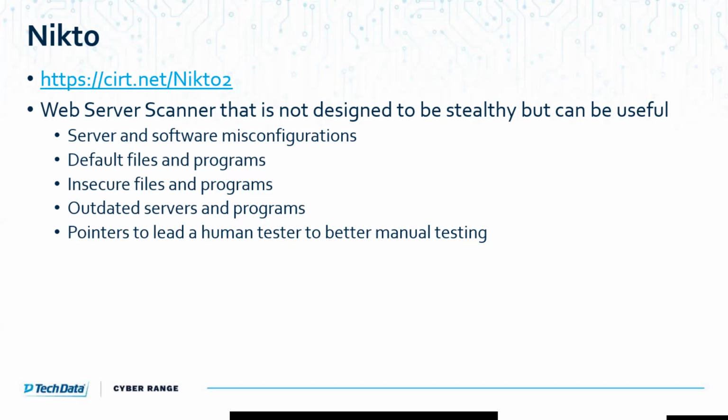And again, this is a utility that iterates through a whole bunch of common files, insecure files, web server misconfigurations, outdated servers. It's a loud process, right? So if you run Nikto, in the web application server logs you will find Nikto being run. So from a defender's perspective, you can identify Nikto scans occurring.